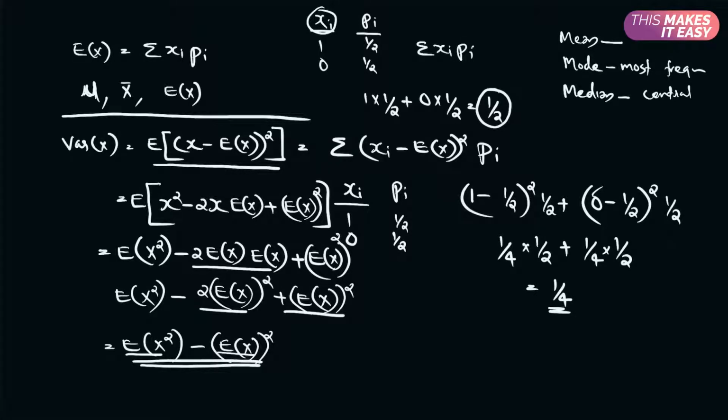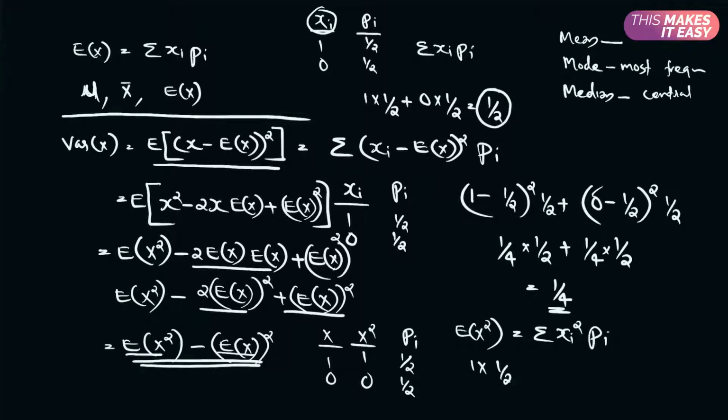We can find the variance of our random variable through this equation. For example, our x was 1 and 0, then x square will be 1 and 0 again. The probability of x is 1 by 2 and 1 by 2. So expectation of x square will be summation of xi square into pi. So 1 into 1 by 2 plus 0 into 1 by 2, again we will get 1 by 2.